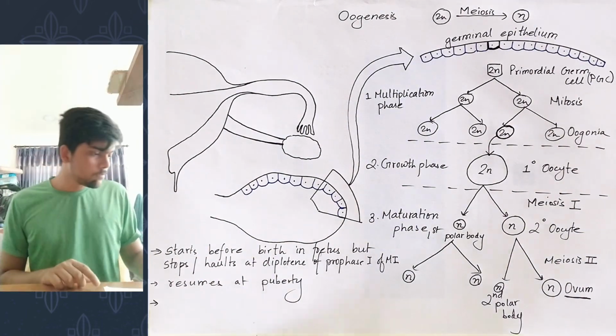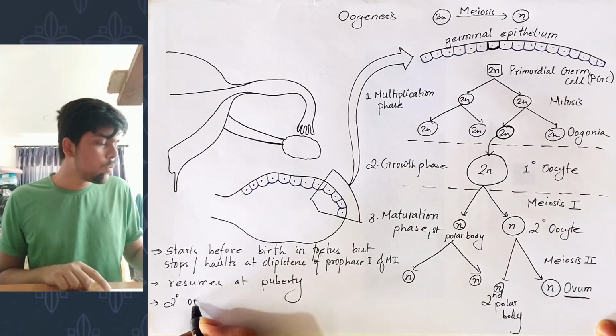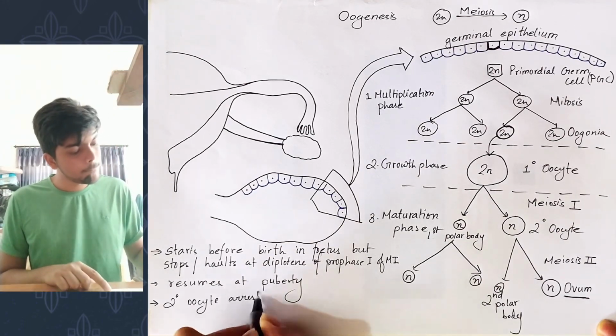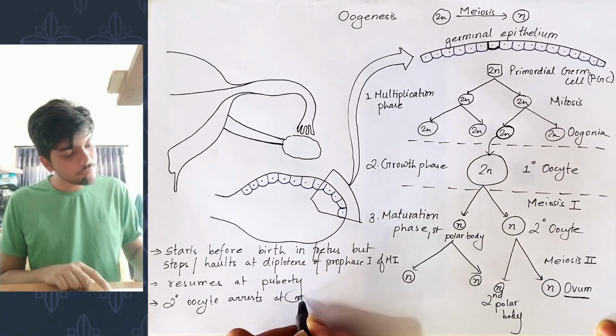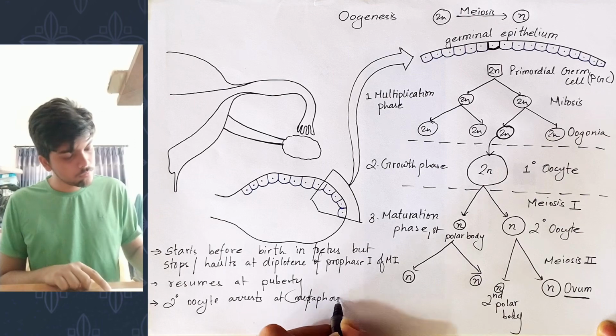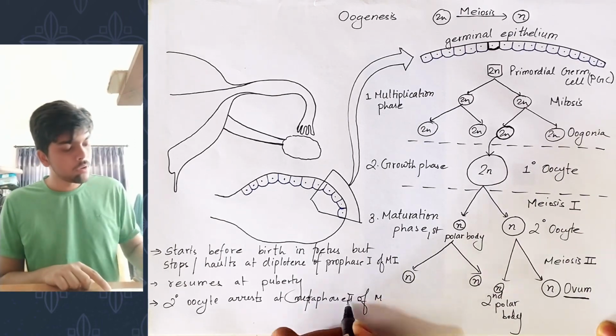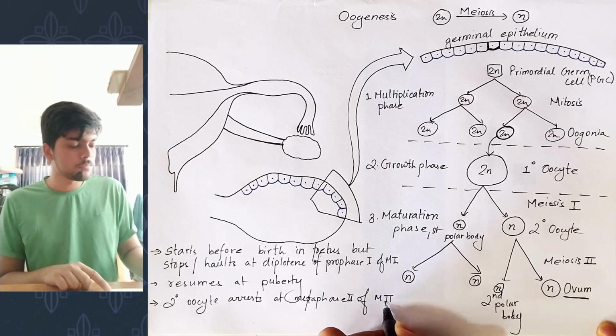Another point. Secondary oocyte arrests at metaphase 2 of meiosis 2.